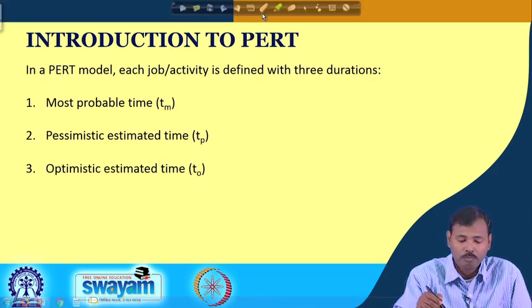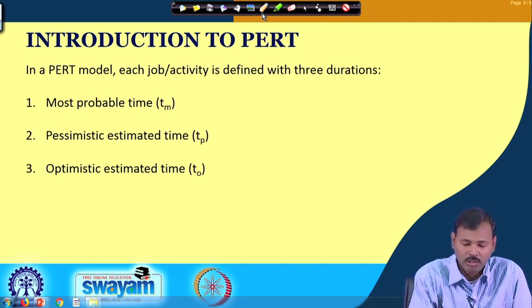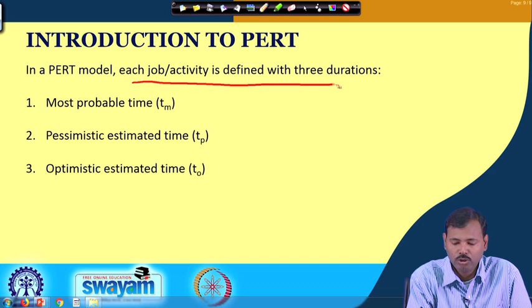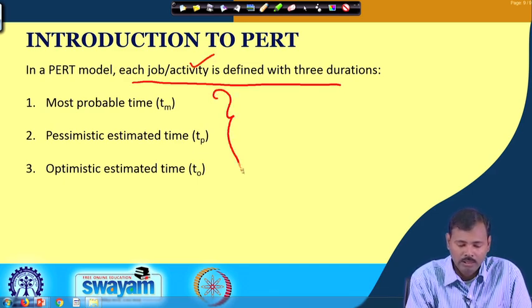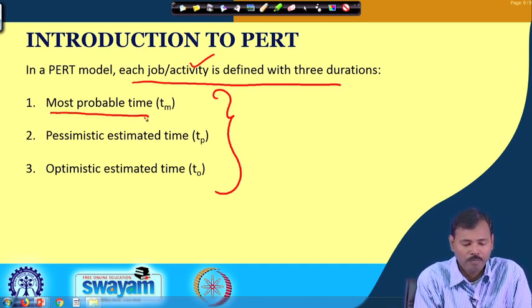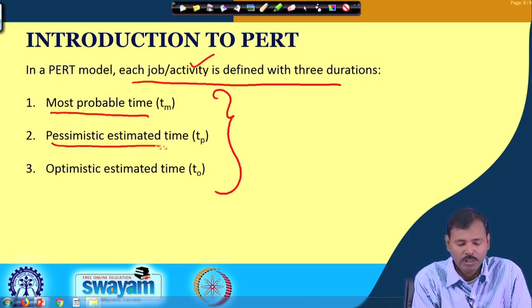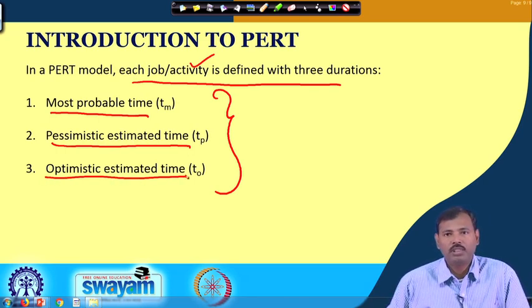So, program evaluation and review technique is basically a probabilistic approach in which we attribute to each job or activity 3 expected times. One is the most probable time, one is the most pessimistic time, and another is the most optimistic time.